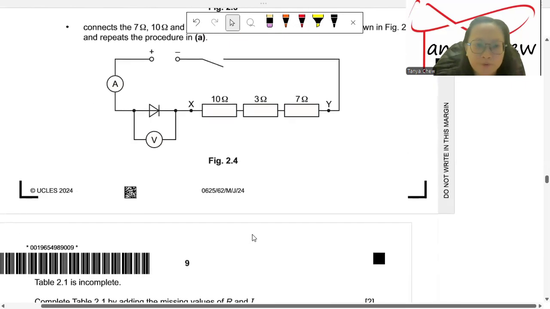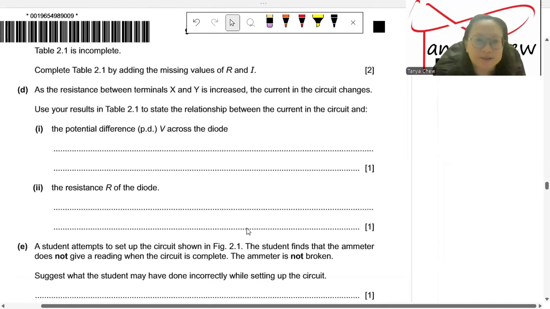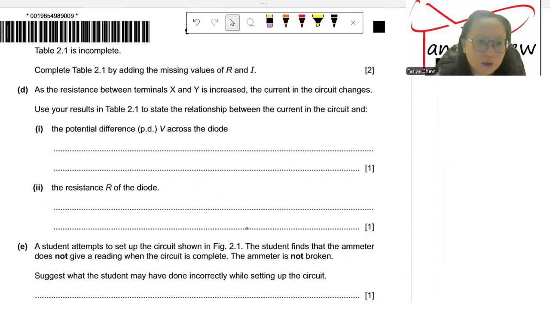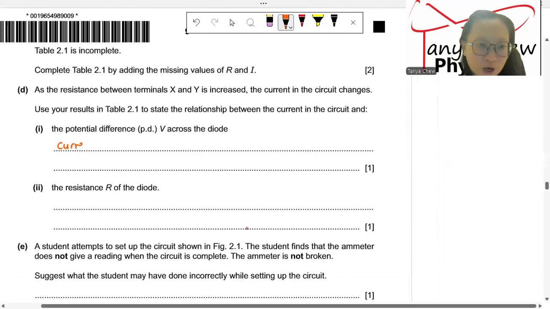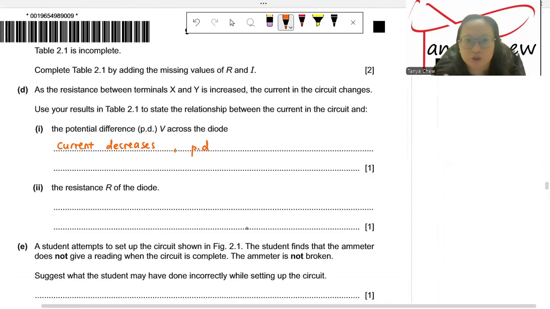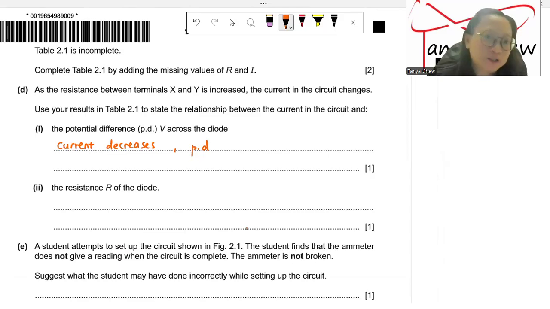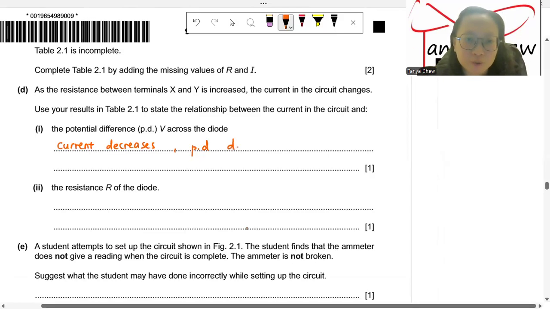Now we are just comparing the potential difference. That is why I say the potential difference decreases due to the current decreasing. Current decreases, I focus on the diode. PD, I can use the short form PD instead of writing the full phrase, because the question explains the symbol. So PD decreases.